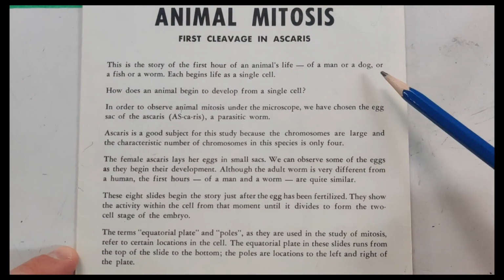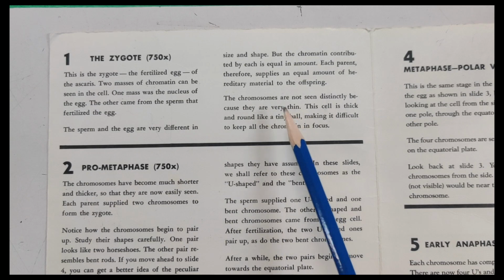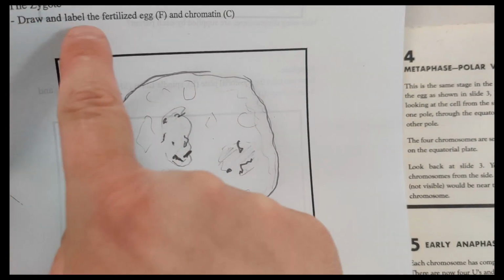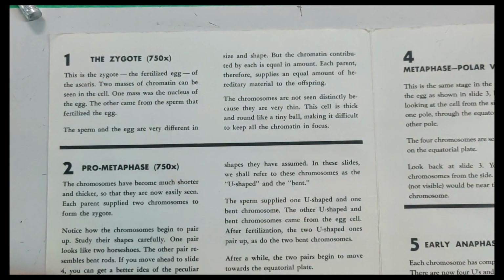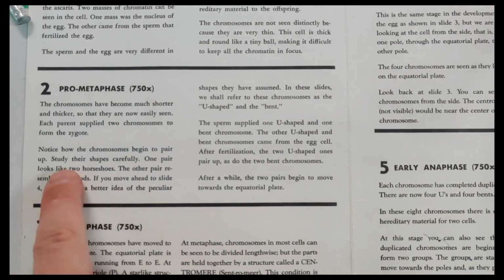So you'll actually have to read along, read what's happening, and as you get to every slide, right, the questions that you would find, any question on slide 1, the answer would be in here. If you go to slide 2, how many chromosomes are supplied by each parent? Go to slide 2 and it'll tell you.